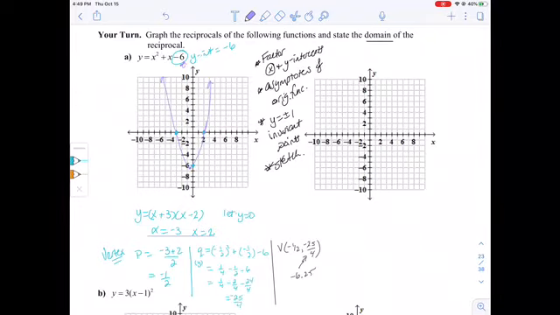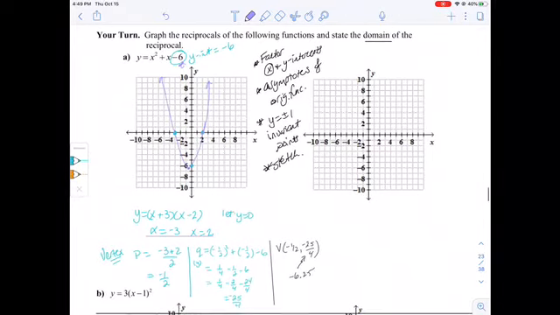And then to find the vertex, instead of completing the square, I used the idea that the equation of the axis of symmetry for this graph would be right through the middle of my two x-intercepts, at x equals -1/2.